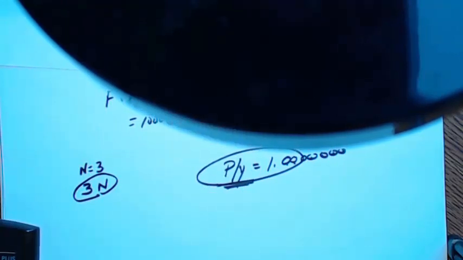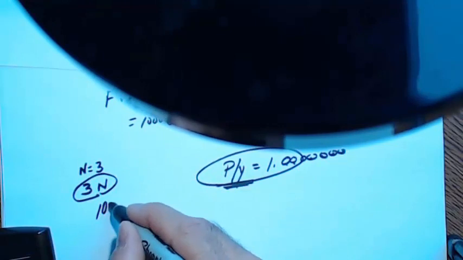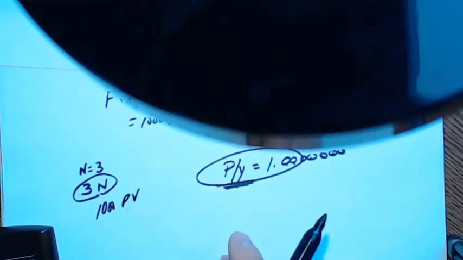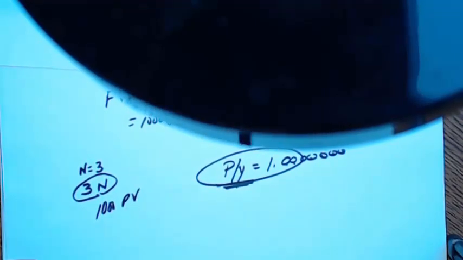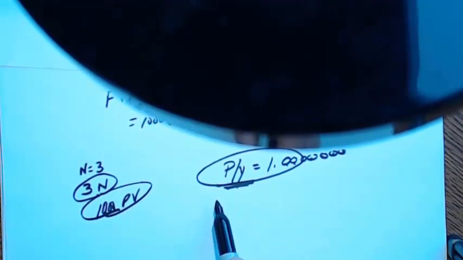Then you're going to put in 1,000, and then hit present value. So I typed in 1,000, hit present value, and it tells me that I have $1,000 present value.